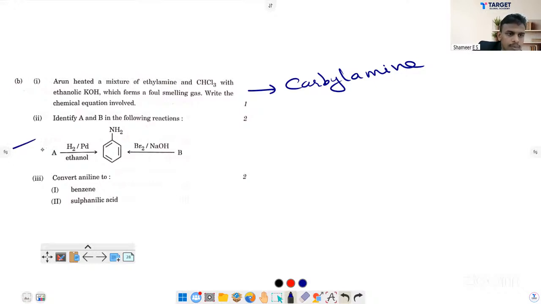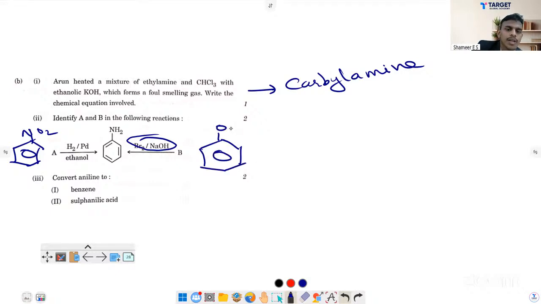The reactant is nitrobenzene, NO2. This is Hoffmann bromamide, so CONH2. Benzamide is C6H5CONH2. Convert aniline to benzene and sulfanilic acid.